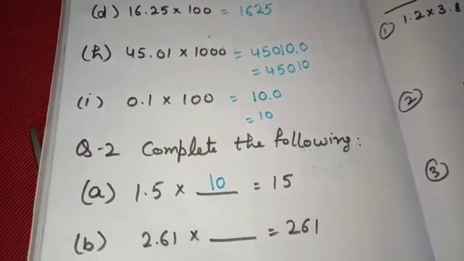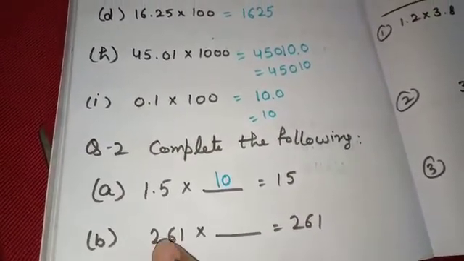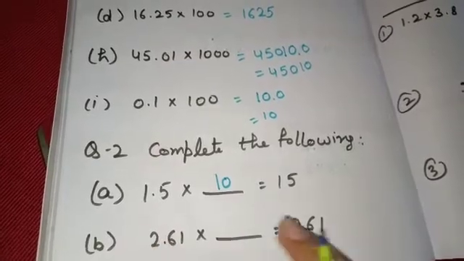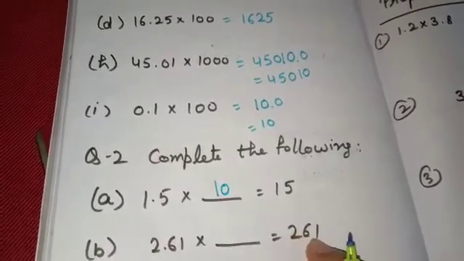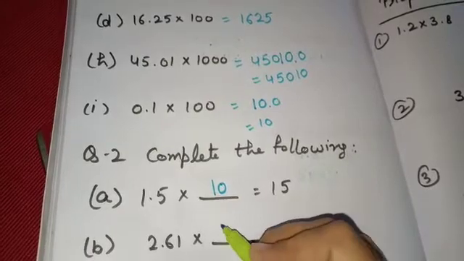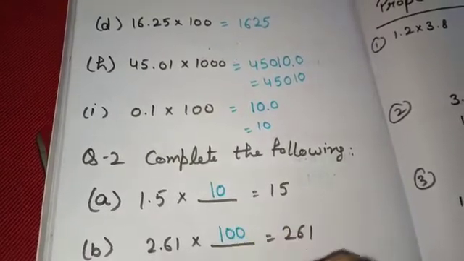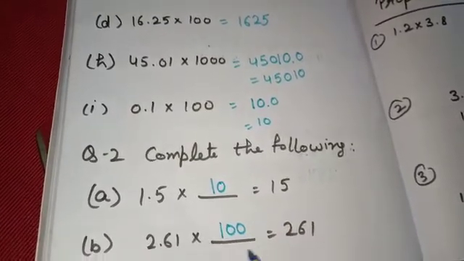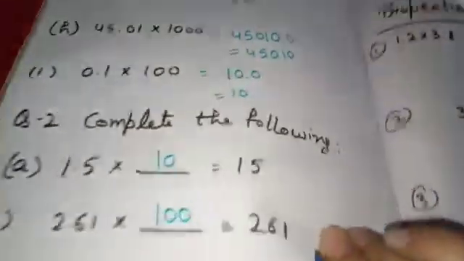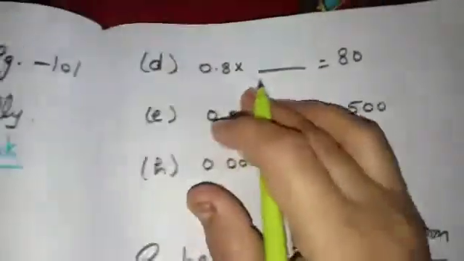Okay. In the same way, here the decimal is before 2 and here no decimal is given. So it will be shifted 2 digits. So the number 100 will come. This is the B part of the question. Let's move to D part.